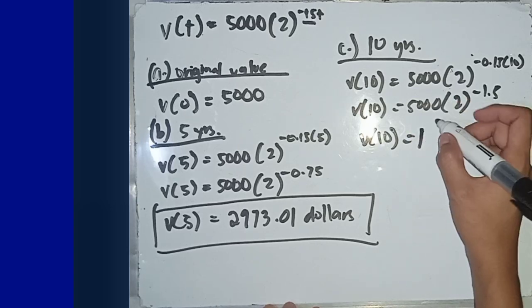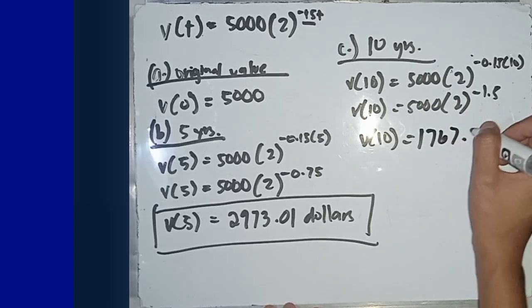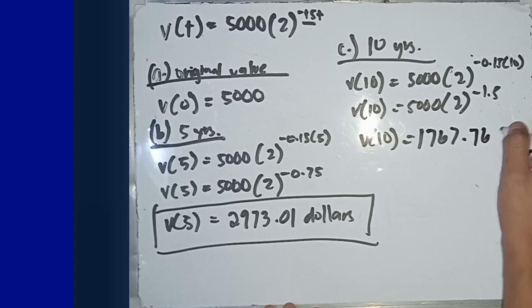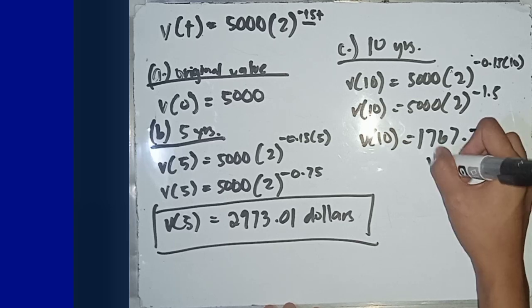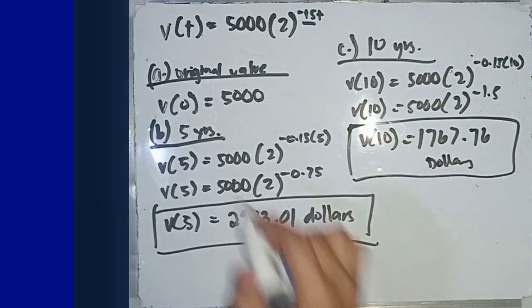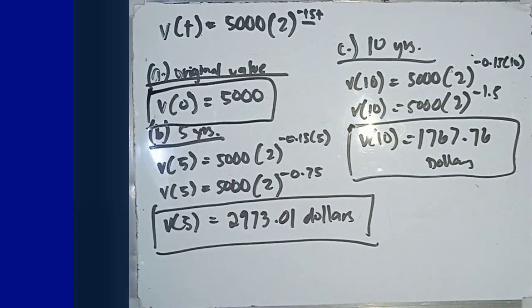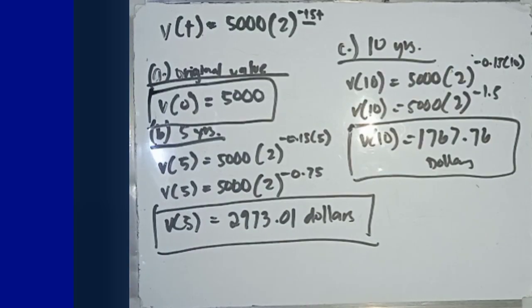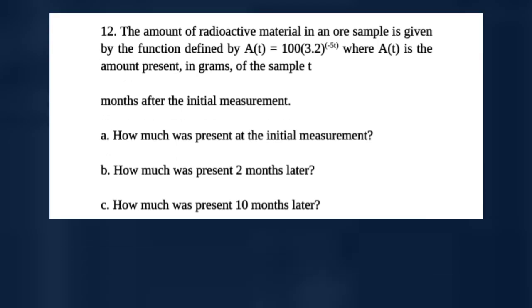Okay. And V of 10 is equal to $1,767.76. So that is the value of the machine 10 years after the purchase.